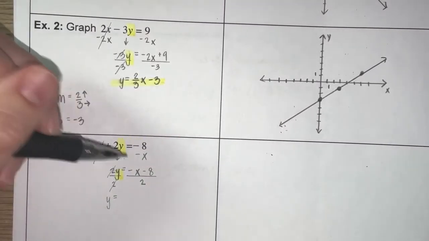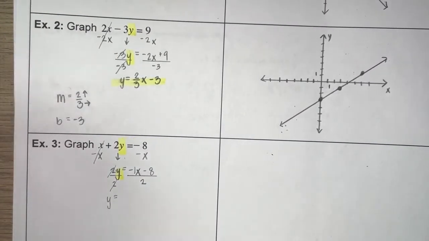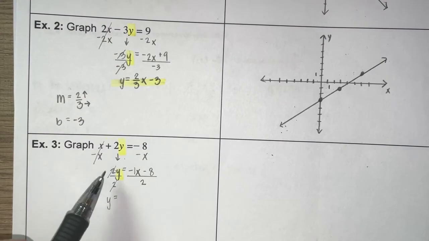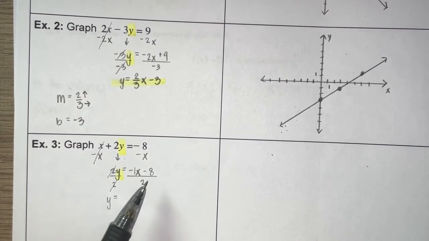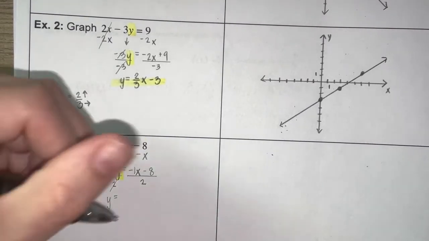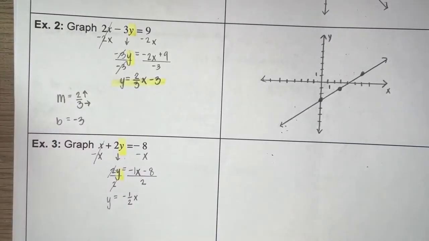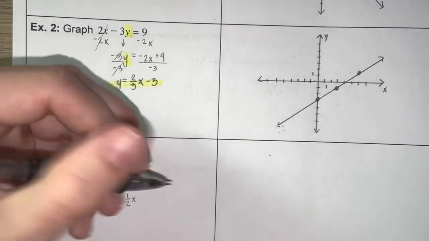So remember, if we don't see a number in front of x, it's a 1. So this is a negative 1x. So negative 1x divided by 2. This is a little bit tricky. So negative 1 divided by 2, and then the x will just tag along like it did up here. Negative 1 divided by 2 is negative 1/2. And then we just write the x right after. And then negative 8 divided by 2 is negative 4.